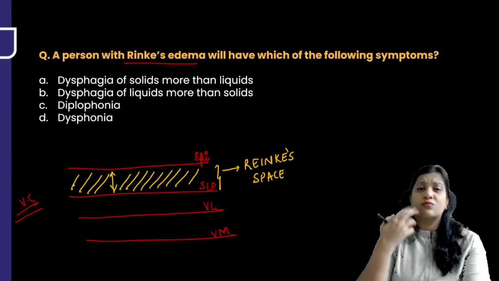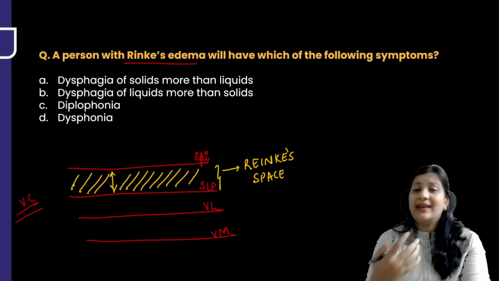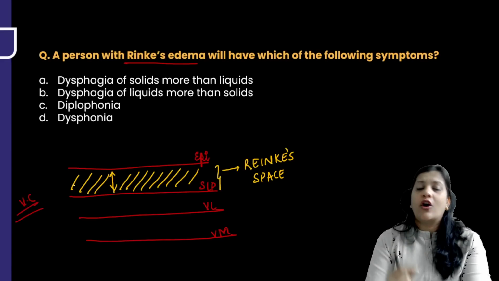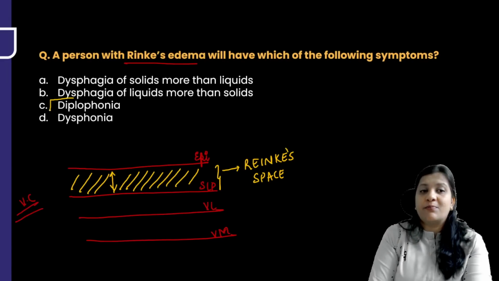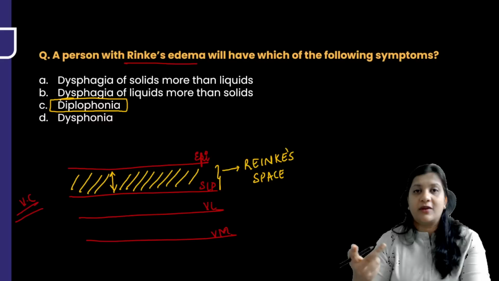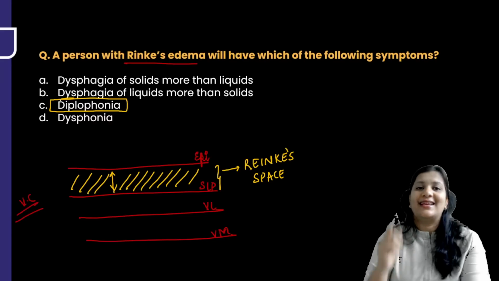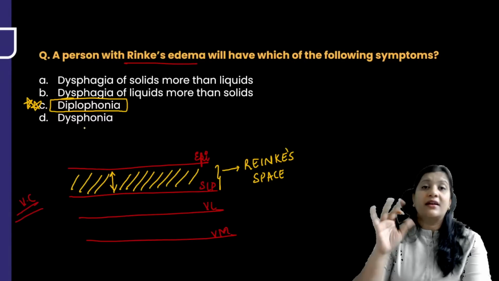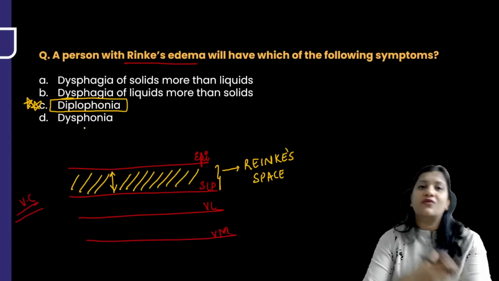Smoking, reflux, excessive voice abuse, any irritants can cause Reinke's edema, but the hallmark feature of a patient with Reinke's edema is diplophonia, meaning they have dual voice frequencies. It looks as though the patient is talking double. So that dual voice frequency is the hallmark feature of Reinke's edema. They can have dysphonia, hoarseness of voice, but the characteristic feature that puts Reinke's edema apart from other vocal pathology is diplophonia.